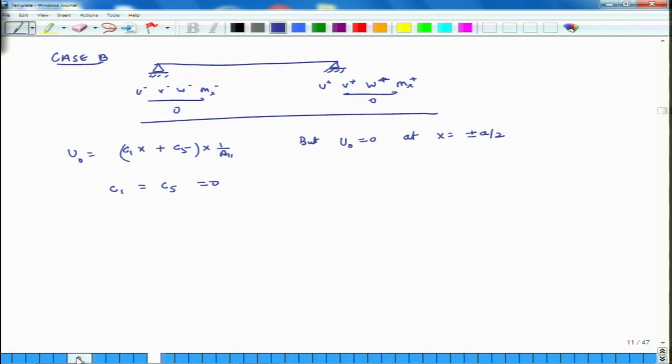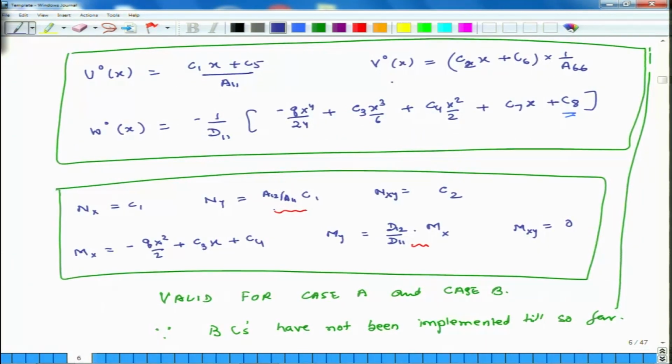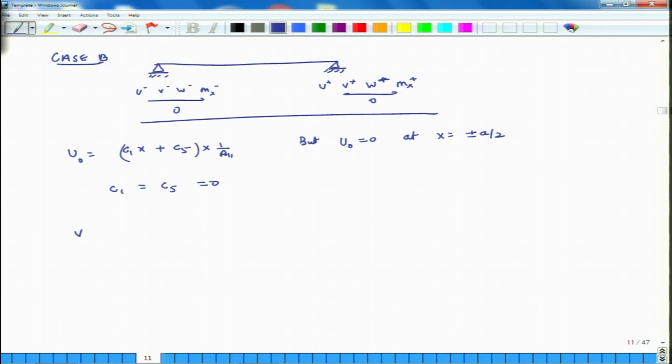The second equation is v naught is equal to C2x plus C6, into 1 over A66, and we know that v naught is equal to 0 at x is equal to plus minus a by 2.